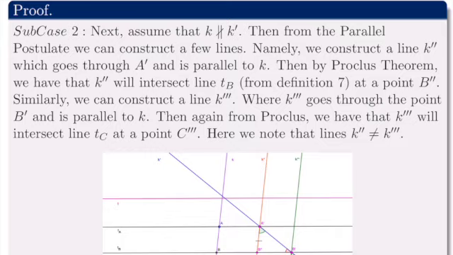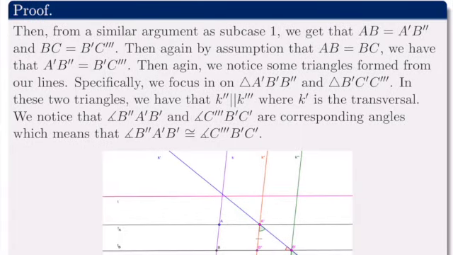Anyways, similarly to subcase 1, where we have the distance between A and B is equal to the distance of A prime B prime, in our case here we have that the distance between A and B is equal to the distance between A prime B double prime, and the distance between B and C is equal to the distance between B prime and C triple prime.